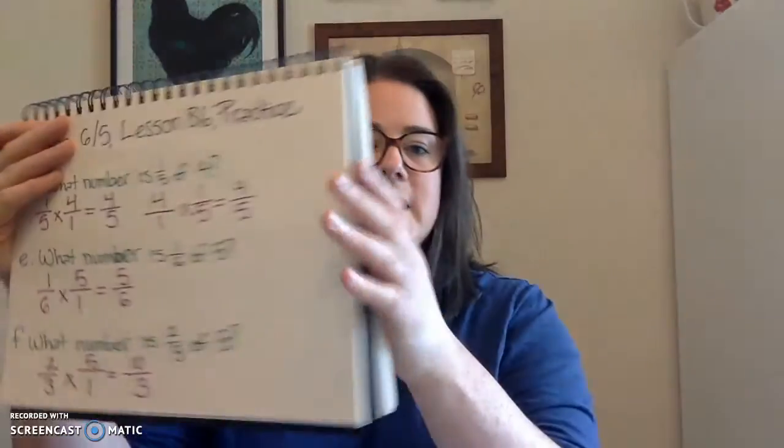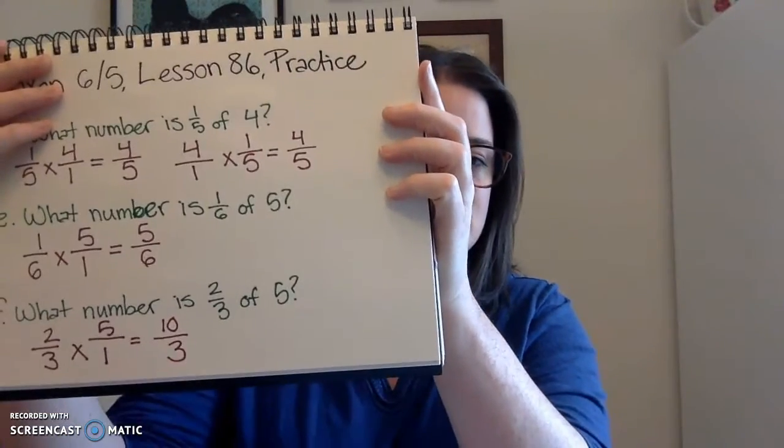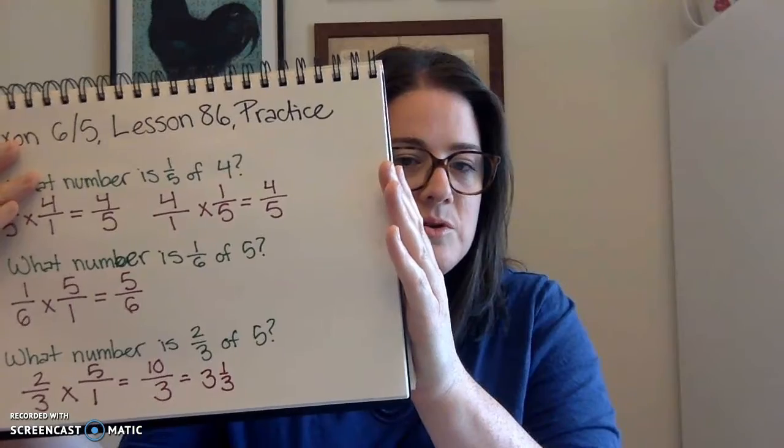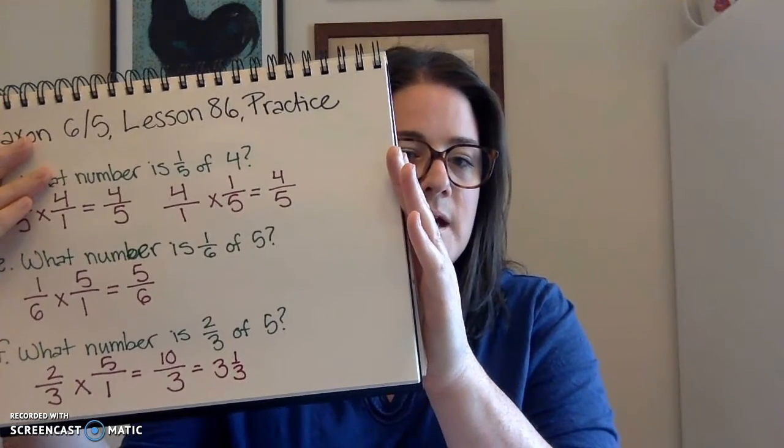I multiply my denominators. 3 times 1 gives me 3. My initial product is 10/3. I don't want to leave that improper fraction there, so I'm going to treat it like a division problem, writing any remainder as a fraction. 10 divided by 3 is going to be 3 and 1/3. So the number that is 2/3 of 5 is 3 and 1/3.